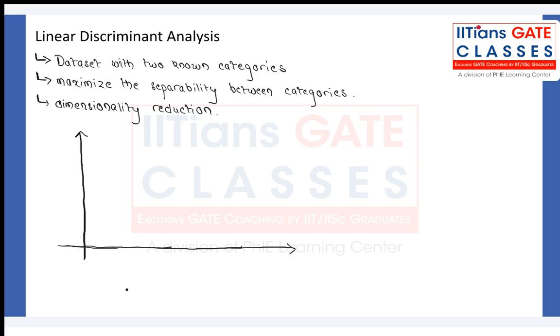Red denotes one class, so I'll plot the points of the red class. And there's another class, I'll call it the green class. The points are like this.